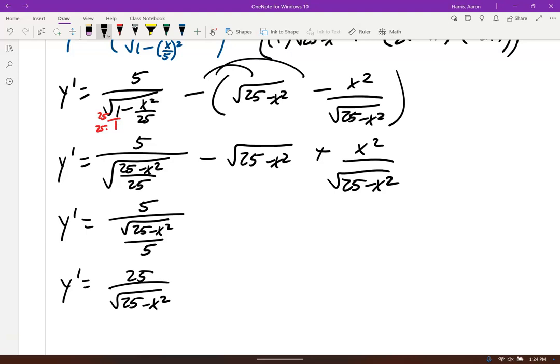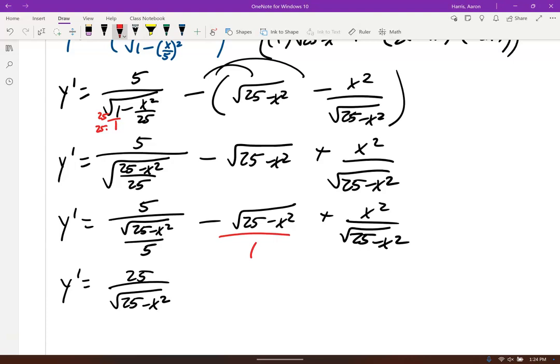Okay. So over here, I'm going to get that being my common denominator. That's the square root of 25 minus x squared. So this is over 1 right now. I got to give it a square root of 25 minus x squared here.